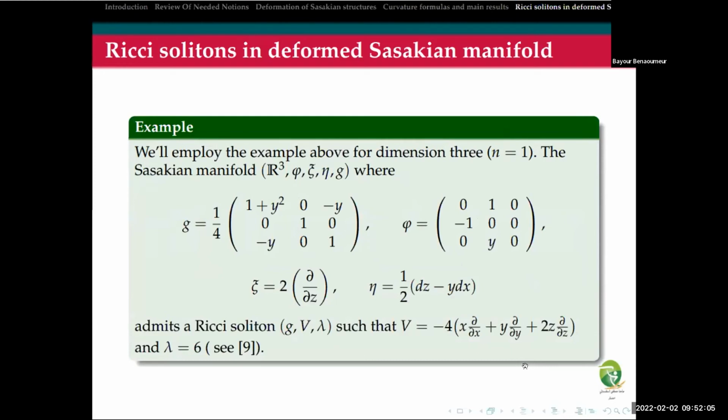Here is the example. We will employ the example for dimension 3.